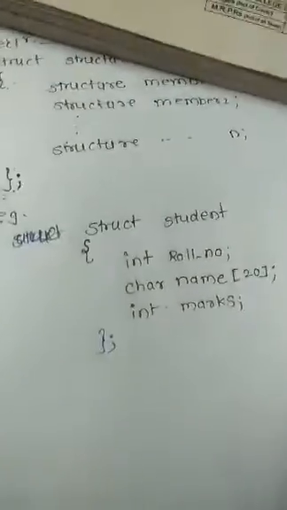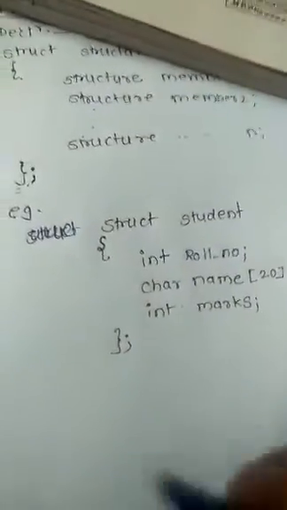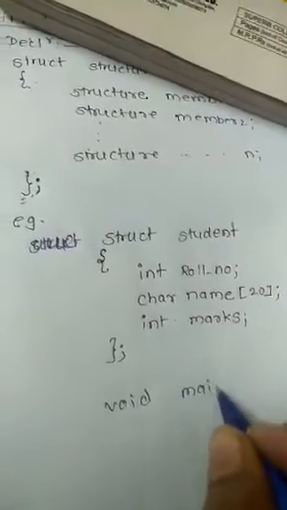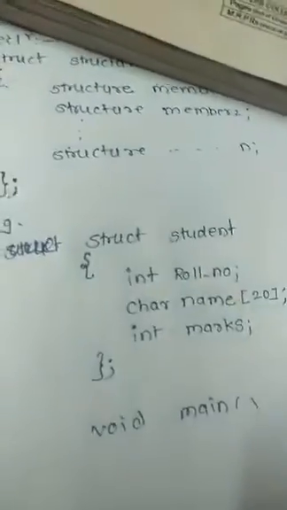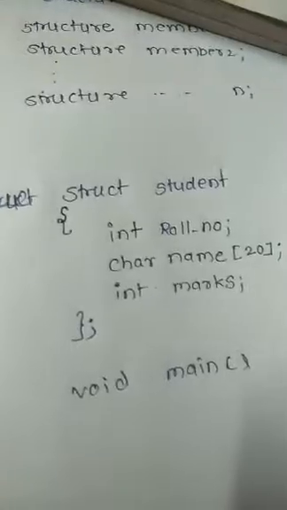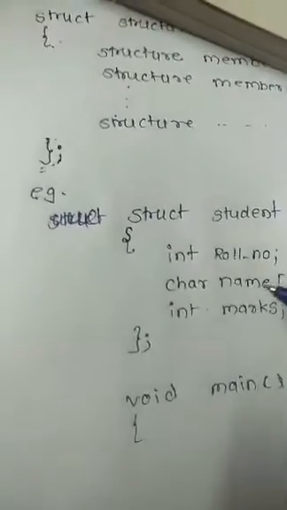Okay, so next I show how it works with void main. This is my example, the student structure. Now when we execute this structure, it reserves memory.